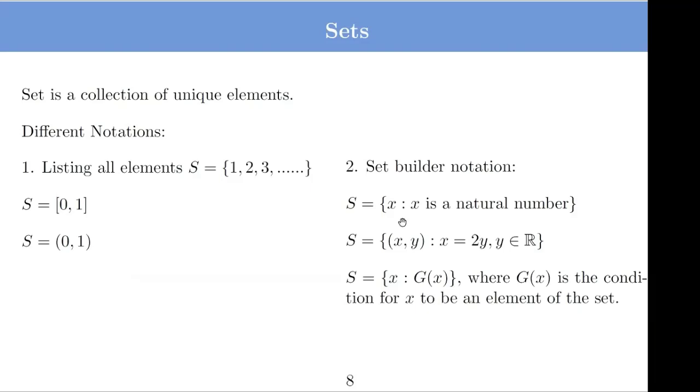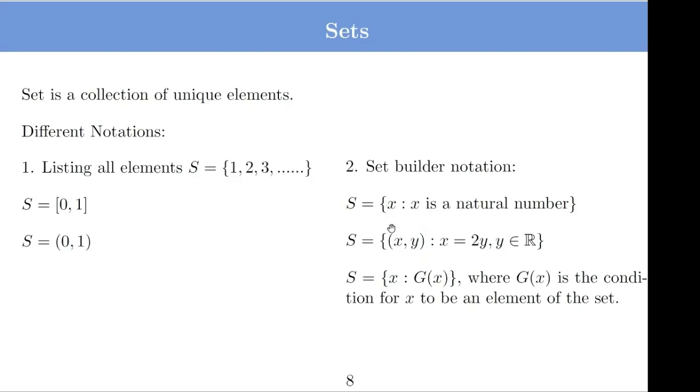The other notation is what we call set builder notation. In this, we do not write all the elements, but we just write the property of the elements we want to include in this set. And that is a compact notation. For example, I can say S is made from all x, where x is a natural number.